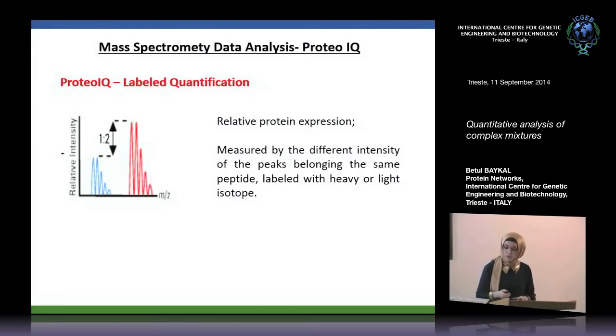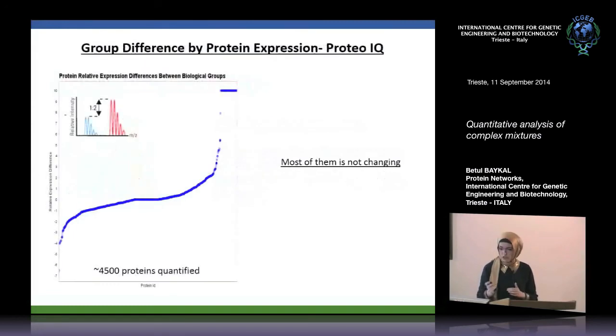In this kind of quantification, you get a relative protein expression. For example, this graphic shows the two peaks belonging to the same peptide, tagged with light and heavy. Basically, the change in amount is measured by the different intensity of the peaks belonging to the same peptide, and it's just making some calculations to understand what the change is.